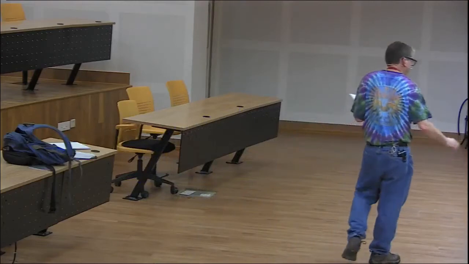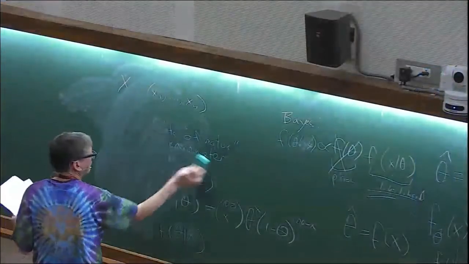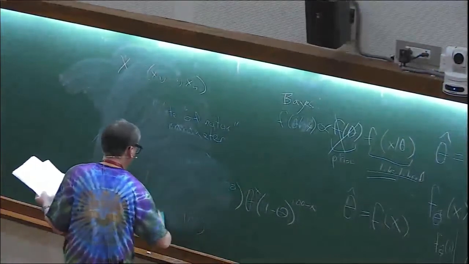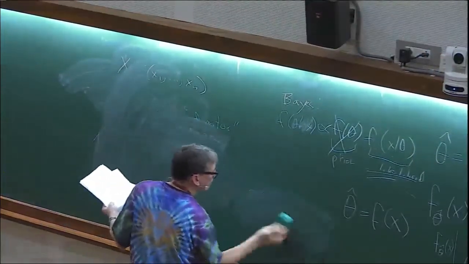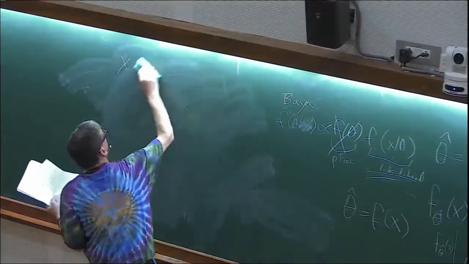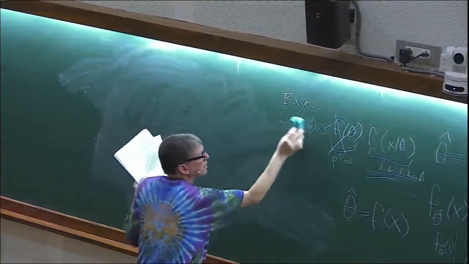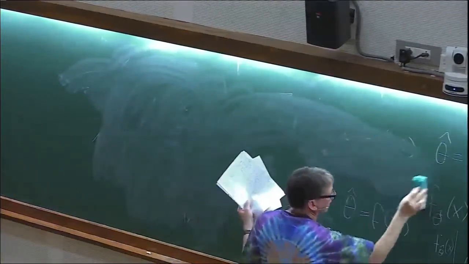Now I'm going to take a small risk here and move back to the left. But I want to tell you about my favorite part of maximum likelihood theory. This is a really, really nice piece of work.